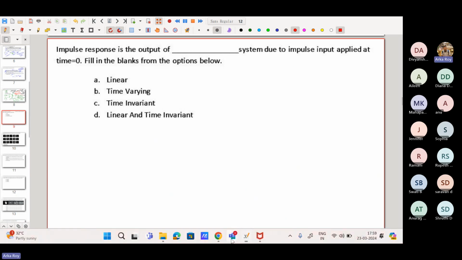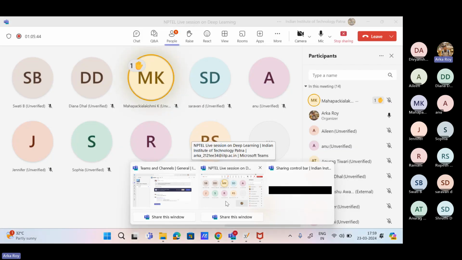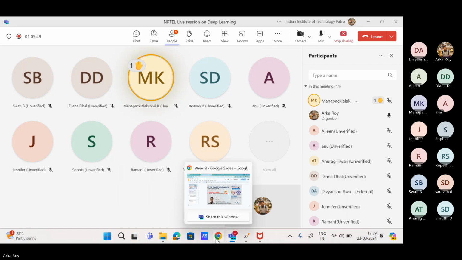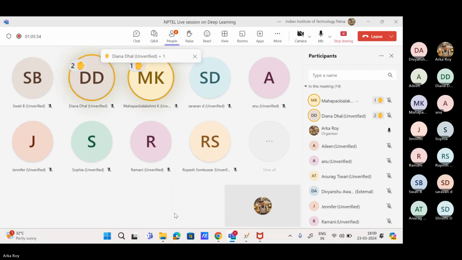So first thing is, how many of you got this particular question correct? Can any one of you please tell me what approach you followed to get the answer, the justification? First, what is the answer and then the justification? I can see two people have raised their hand.